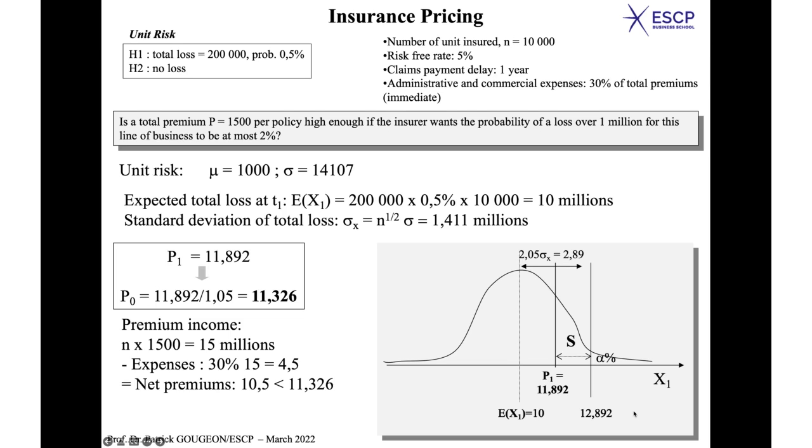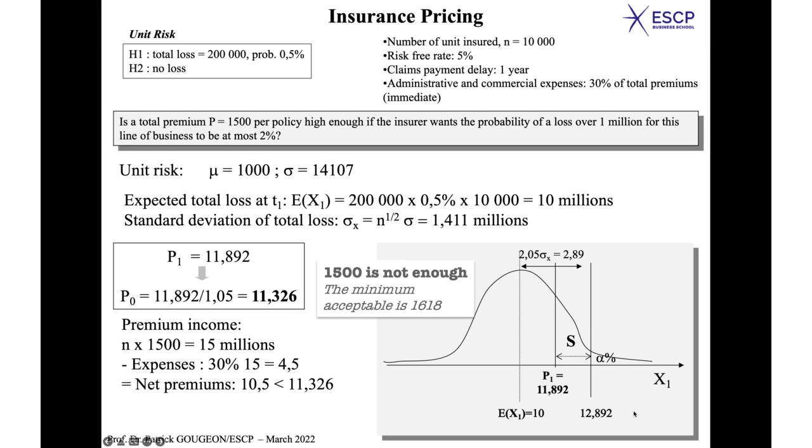In other words, 4.5 million. What is left? The net premiums, deducting all the operating expenses, we have 10.5. What do we observe? That 10.5 is lower than 11,326, which means that our conclusion is 1,500 is not enough.